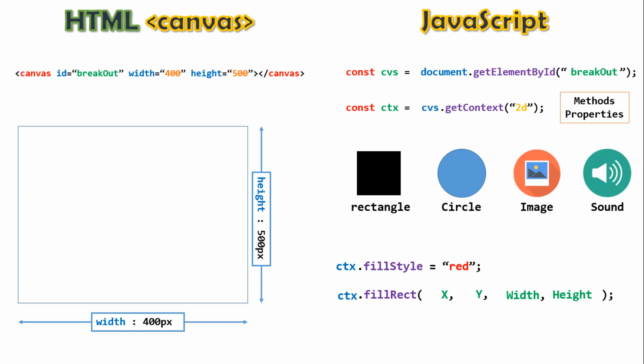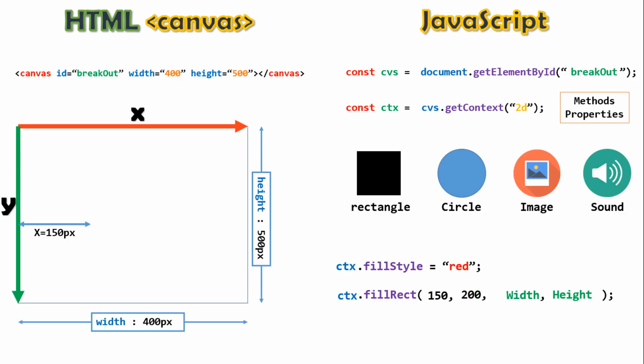Before drawing something to our canvas, you will first need to know where the X-axis and the Y-axis are. This is the X-axis, so it's incrementing as we go to the right, and this is the Y-axis, and it's incrementing as we go to the bottom. Now if we say fillRect and we give X the value 150 pixels, we will need to start from the left and then take 150 pixels.